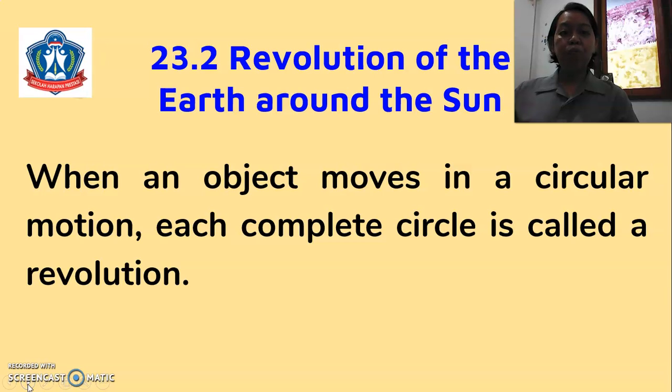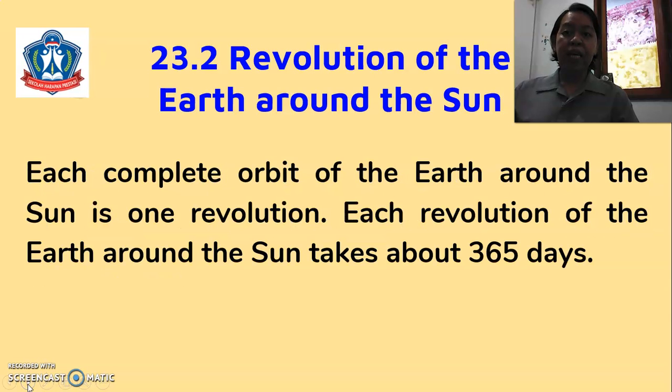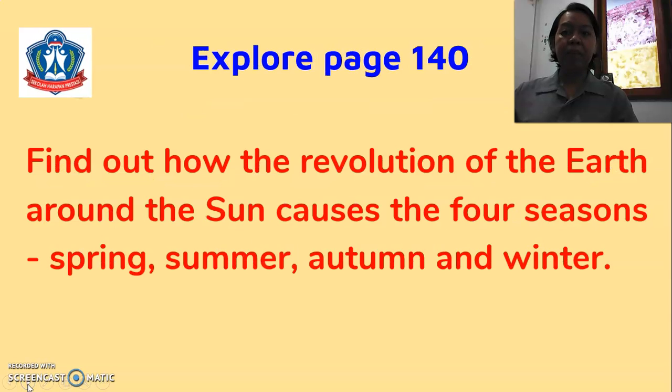When an object moves in a circular motion, each complete circle is called a revolution. Each complete orbit of the Earth around the Sun is one revolution. Each revolution of the Earth around the Sun takes about 365 days.